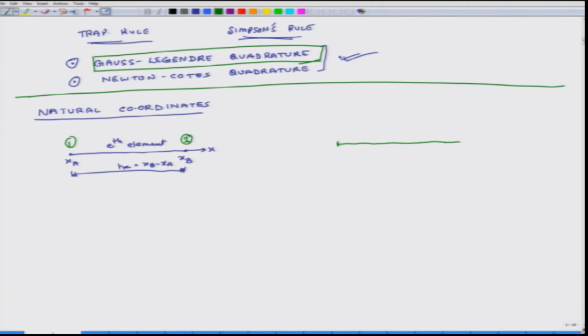In this different element, which also has 2 nodes, the first node's coordinate is -1 and the second node is located at +1.